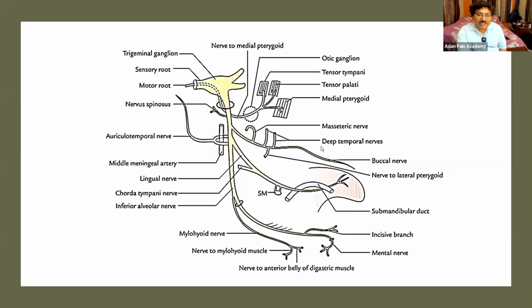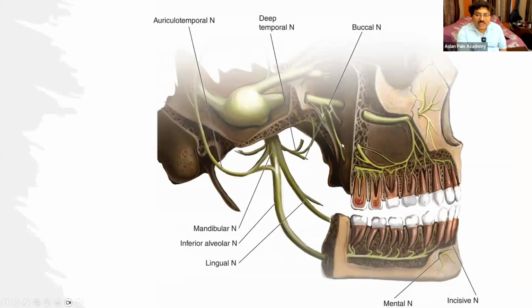Now blocking the mandibular division is not difficult. It is actually the same as we do for the maxillary division. Instead of going anterior to it, we have to go posterior to it, and then we have to stimulate. As we have the motor branches, usually we can get a good stimulation in most cases.